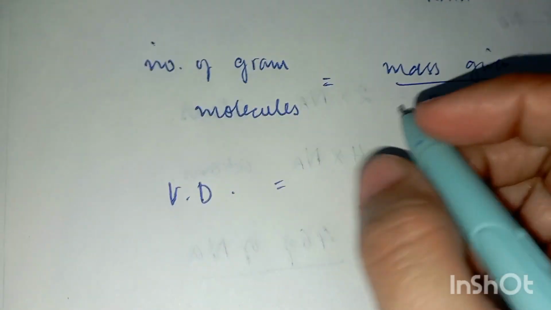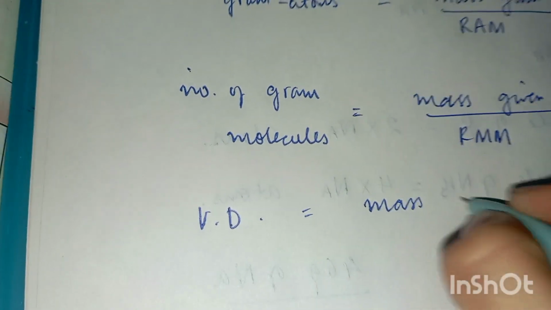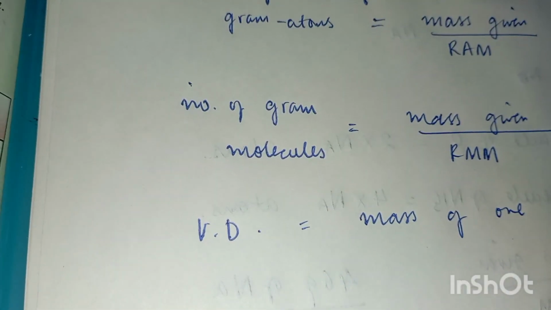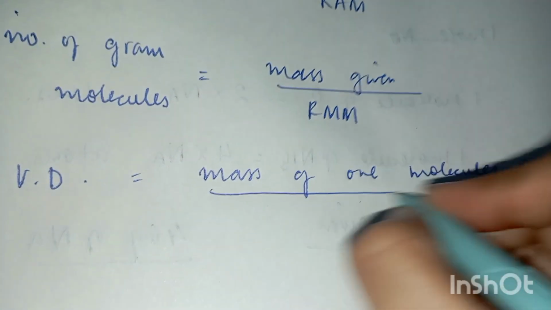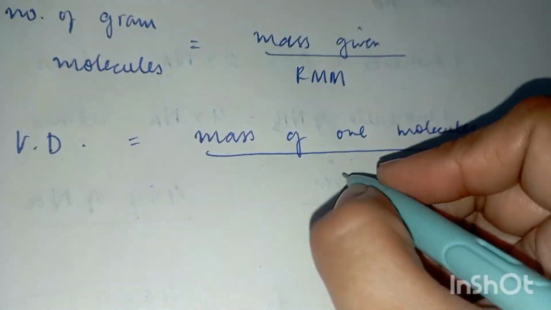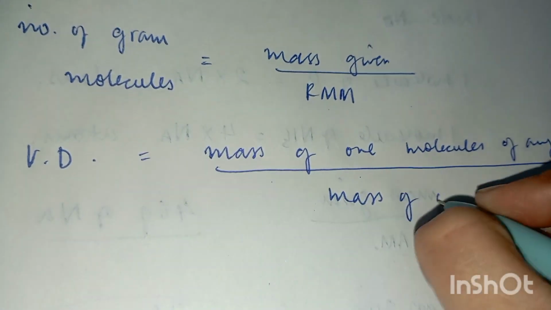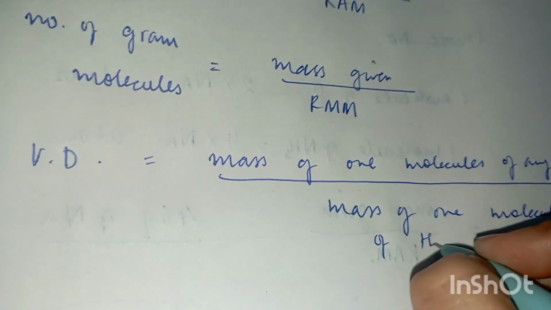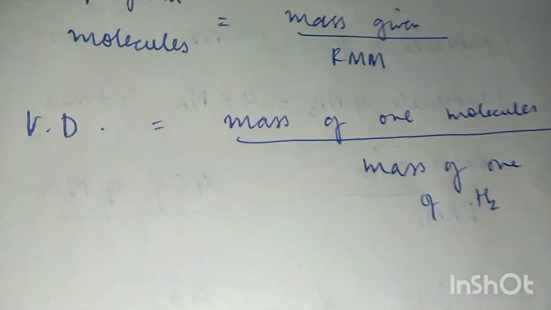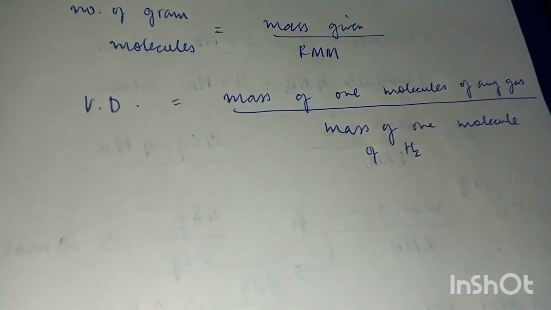mass of one molecule of any gas upon mass of one molecule of hydrogen. Now hydrogen gas is H2, hydrogen exists as a diatomic gas. So the mass of one molecule of hydrogen can be written as 2.